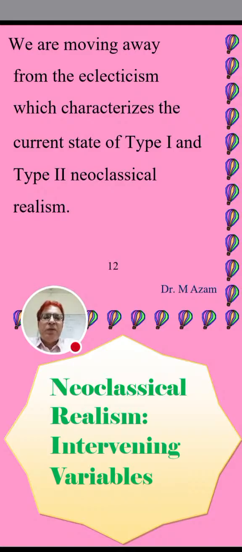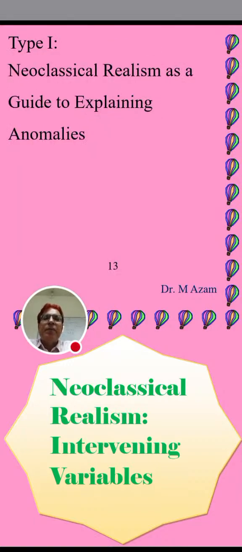So before this book, which was published in 2016 by these three scholars, there were two types of neoclassical realism, type 1 and type 2. What is type 1? Type 1 means neoclassical realism as a guide to explaining anomalies. Anomaly means which is not according to the rule, which is irregular. Something irregular is called anomaly.